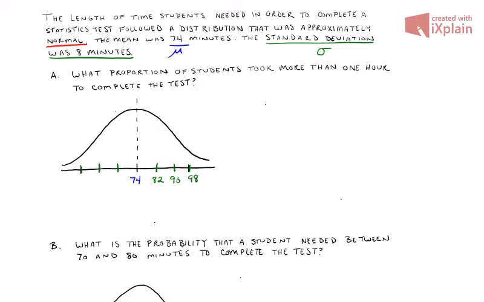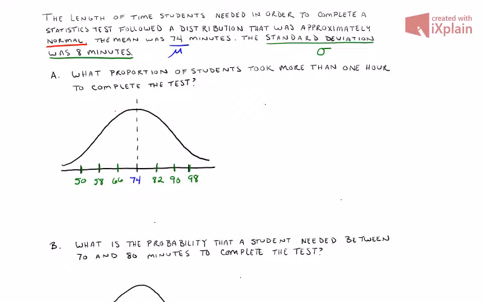I'm just repeatedly adding 8 to each tick mark as I go. Likewise, for all the tick marks that are below the mean, or in this case to the left, I'm going to subtract. And we would get 66, 58, and 50.